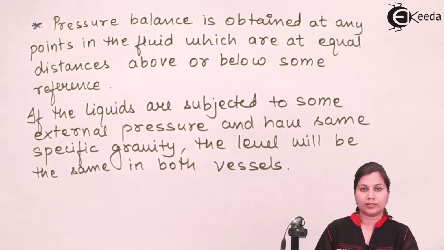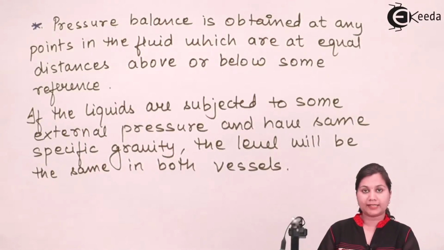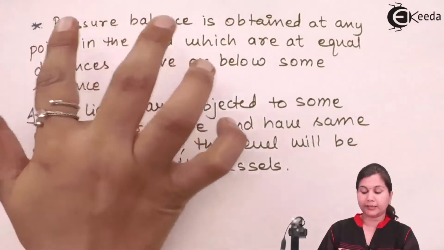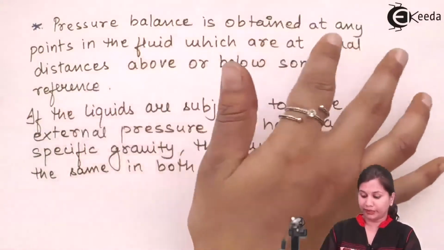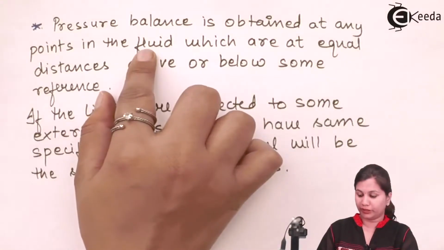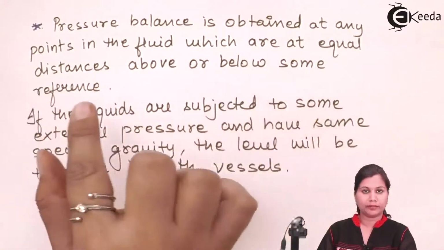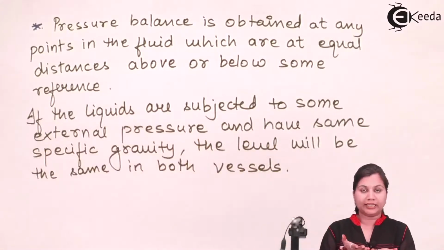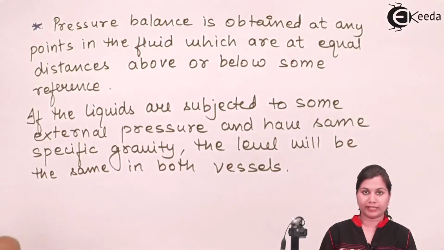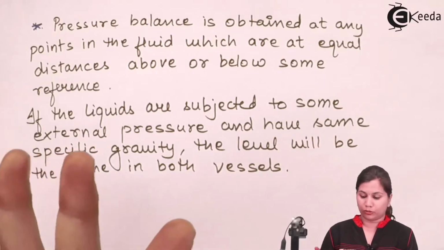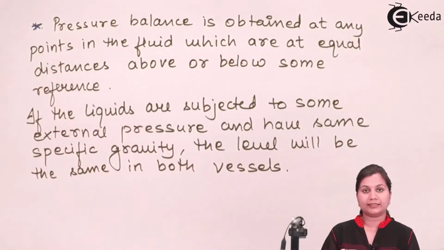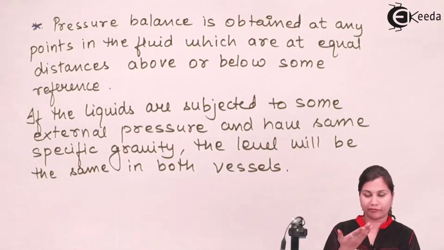So this construction and working of the side glass is based on the principle that pressure balance is obtained at any points in the fluid which are at equal distances above or below some reference. So we are taking the bottom as our reference line and we are keeping both the vessel and the side glass tube at the same level, or we can say at the same height above this reference line.